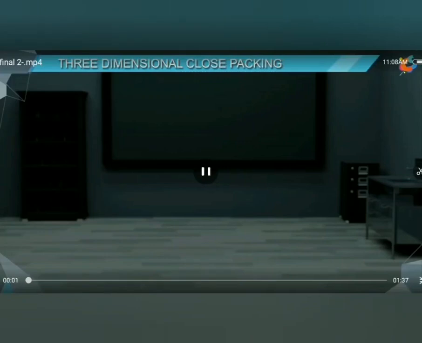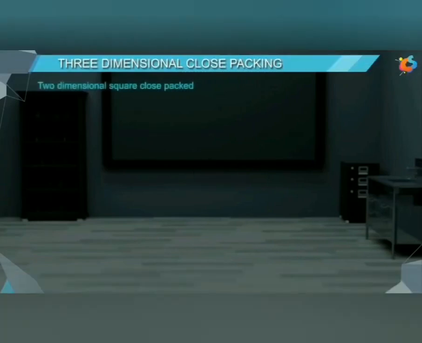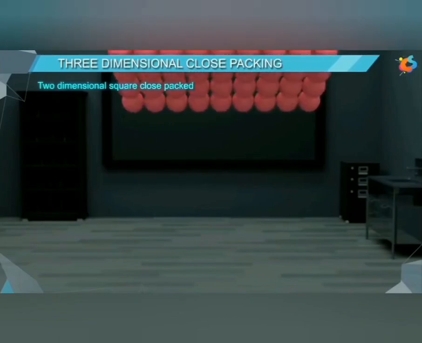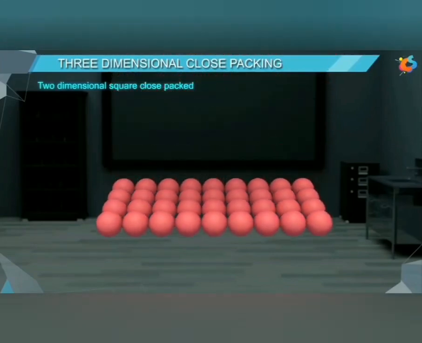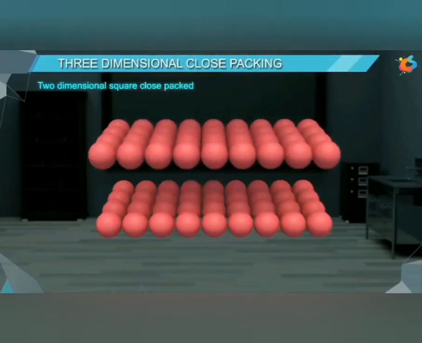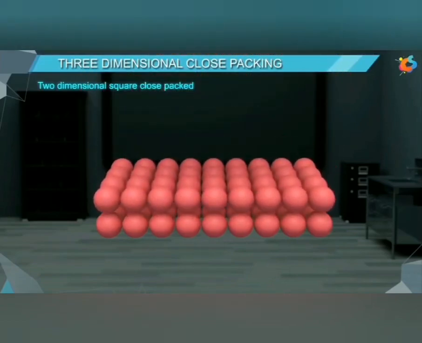So how will the first layer of atoms be arranged? In the same way as the square close packing, you take the first layer of square close packing and the second layer of square close packing will be present exactly above the first layer of the square close packed structure.